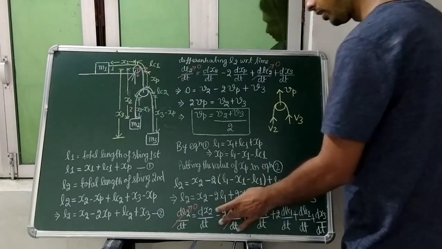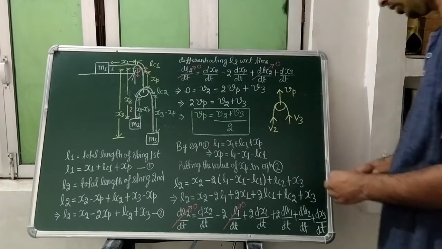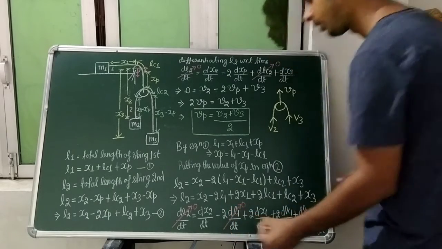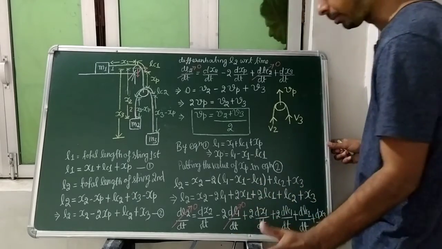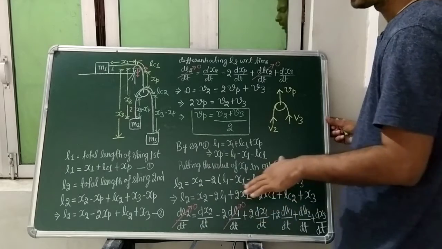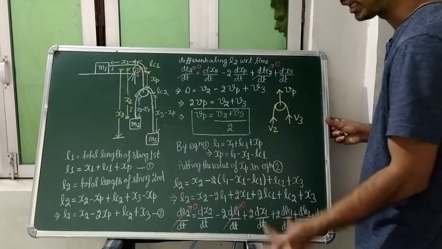Here the del will not be there, students. I'm sorry. Here only is the, oh no, it's correct. dl1 was there. I'm sorry. dl1, the length of that first, once again I'm recapitulating. The string we have considered as inextensible, so that length will be constant.